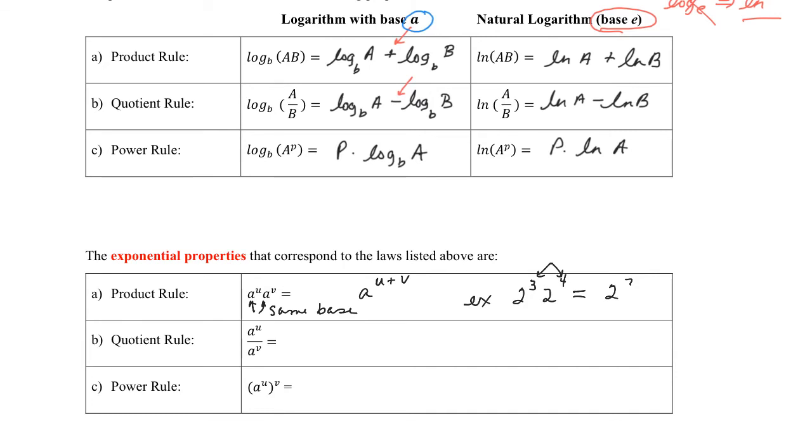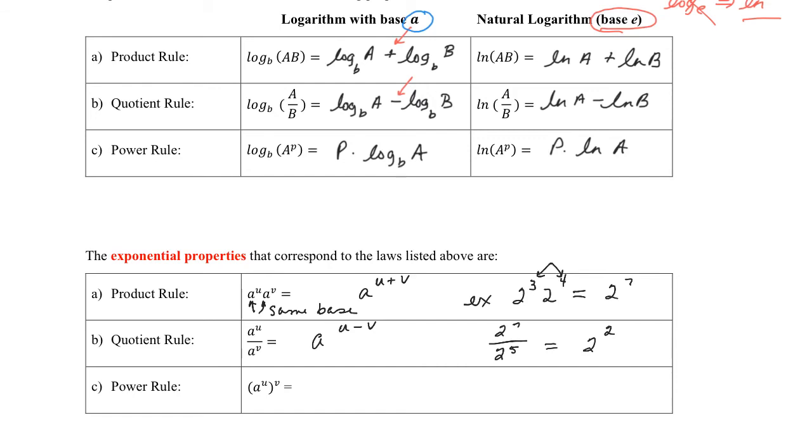Okay, quotient rule is a to the u divided by a to the v is equal to a, base a, raised to the u minus v. So similarly, if I did something like 2 to the 7th divided by 2 to the 5th, that could be simplified as 2 to the 2nd. 7 minus 5, of course, is 2.